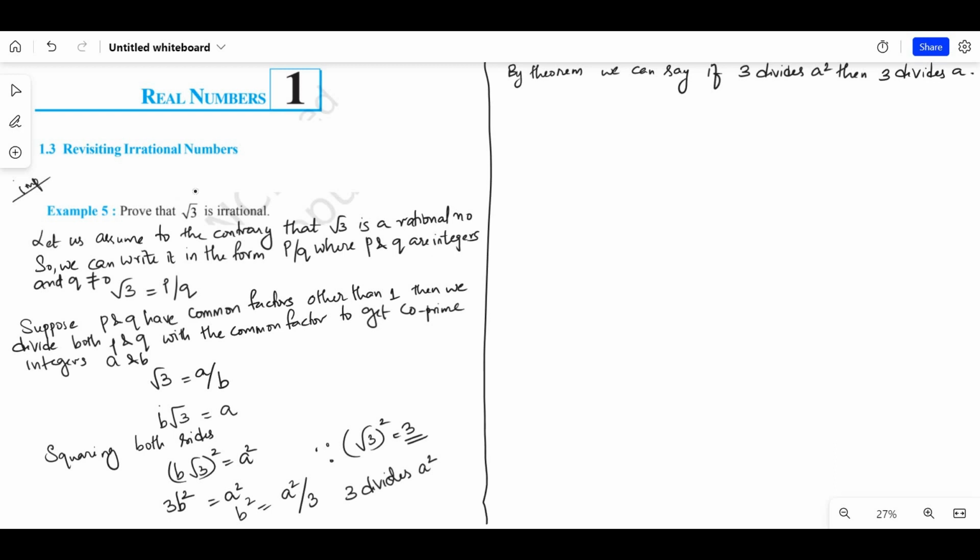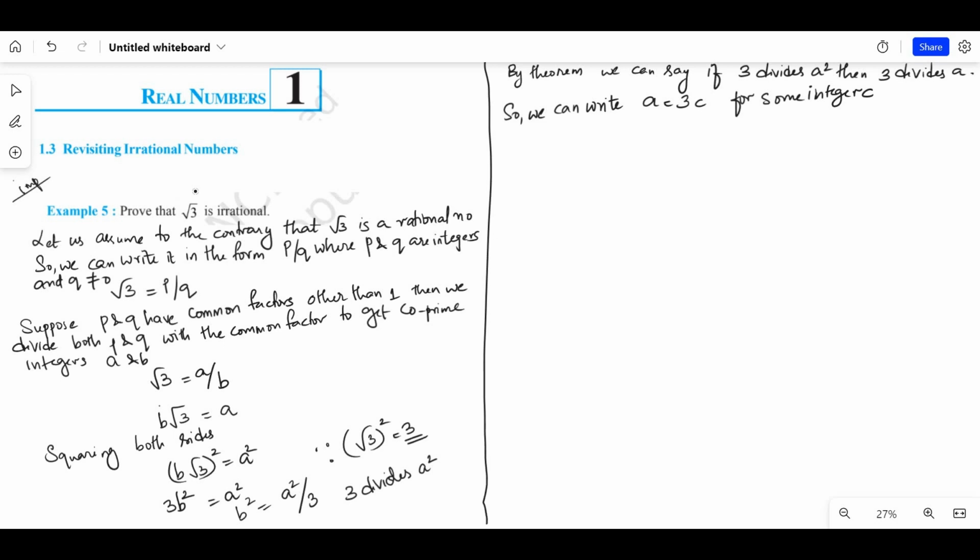So we can write a as a multiple of 3 for some integer c.